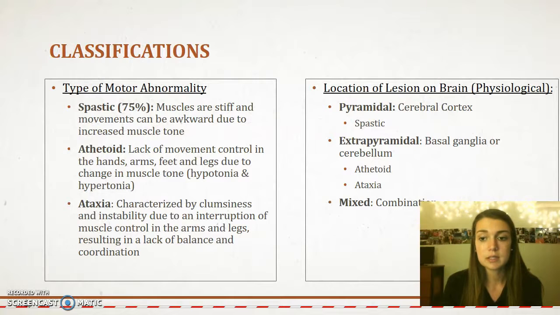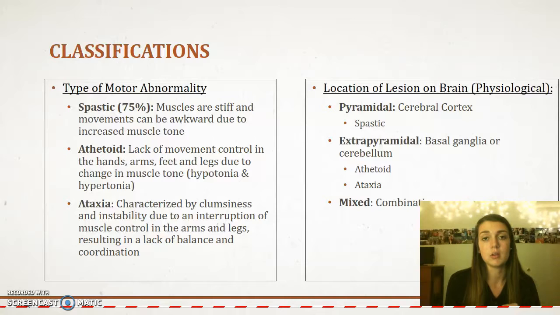You can classify CP based on the type of motor abnormality that they exhibit. So spastic CP accounts for 75% of all cases of cerebral palsy, and it's characterized by muscles having increased stiffness and the movements are very awkward because they have hypertonia, or high muscle tone. Athetoid CP is lack of movement control in the hands, arms, feet, and legs, and this is due to the change in muscle tone.